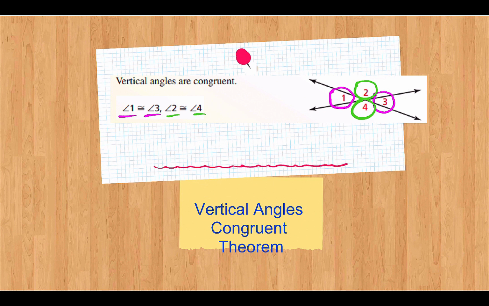So if they are vertical angles, they are congruent, which means that the measure of angle 1 is equal to the measure of angle 3, and the measure of angle 2 is equal to the measure of angle 4.